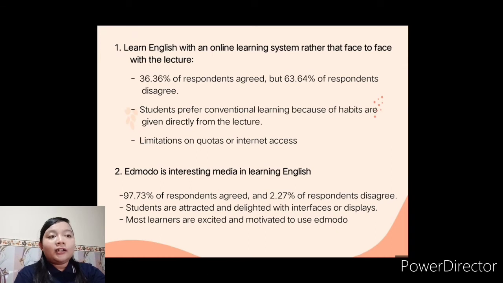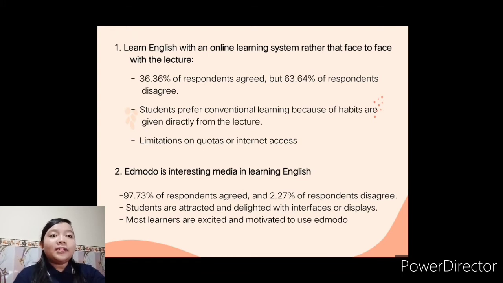There are reasons why most respondents disagree with statement number 1. The statement is "learn English with an online learning system rather than face-to-face with the lecturer." Most respondents disagree because students prefer conventional learning, as they are used to being taught directly by the lecturer. Another reason is limitation of quota or internet access.